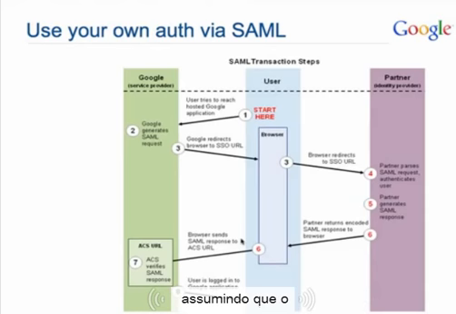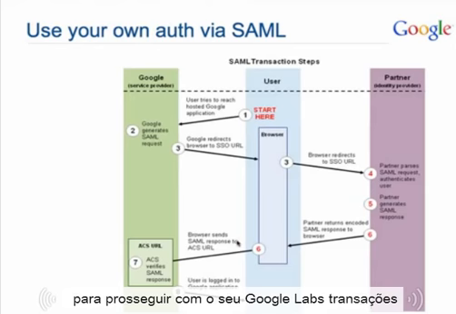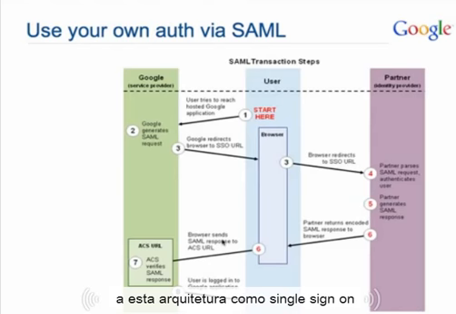Assuming the access request is approved, you then pass on a credential which that user session can use to proceed with their Google Apps transactions. Many refer to this architecture as single sign-on, which is in fact one of the features of this technology.